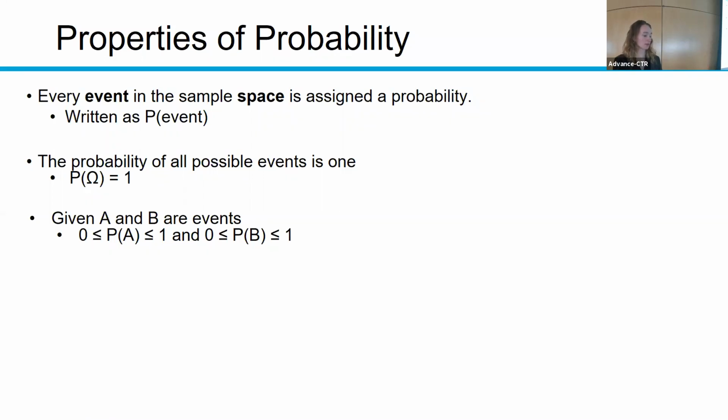However, the probability of all the events in a sample space, so right here we have P of omega, always needs to add up to 1. Whatever we're doing, we need to be able to guarantee that at least one of the events is going to occur. Given that A and B are events, the probabilities of these events are always between 0 and 1, or between 0 and 100%.